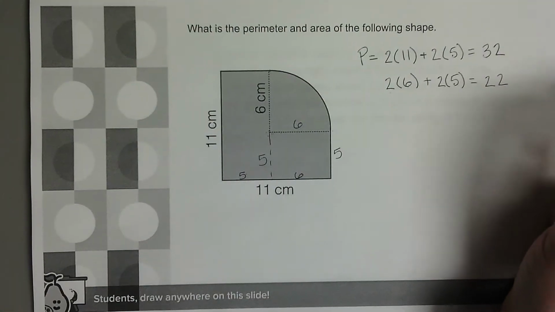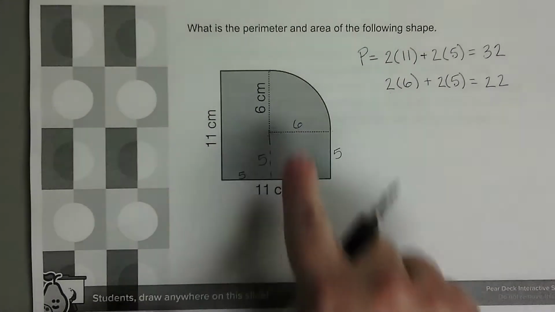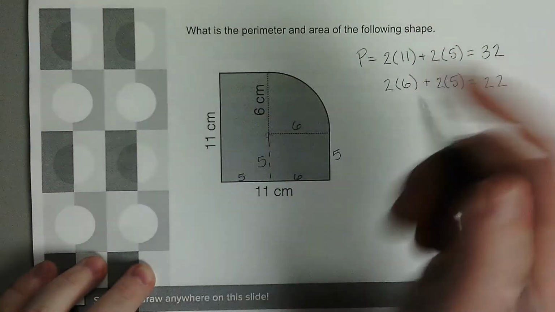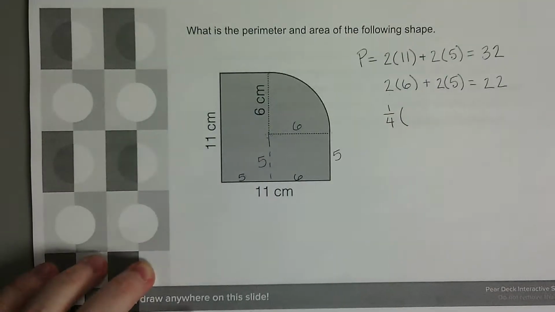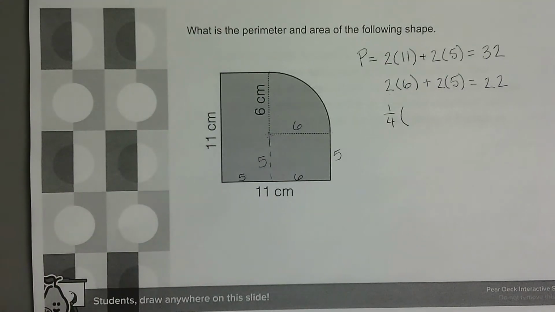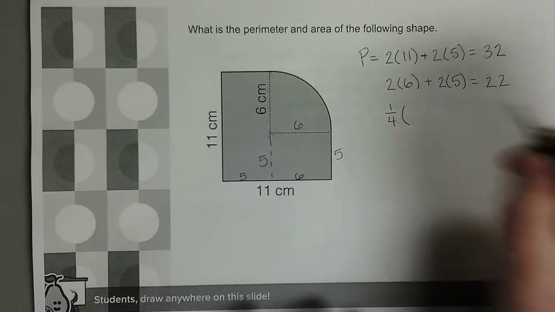And then the circle. Alrighty, now we have our circle. So we only have a quarter of it. So we're going to have 1/4 times our formula for circumference, which is 2 pi r, because we're going to have our radius times 2.